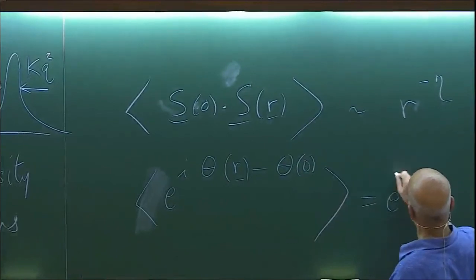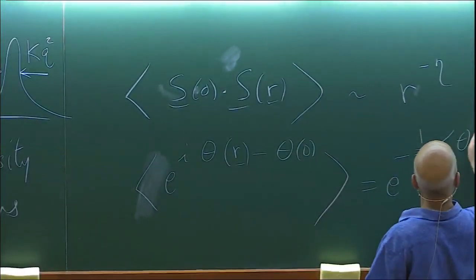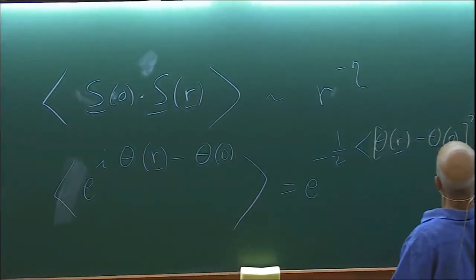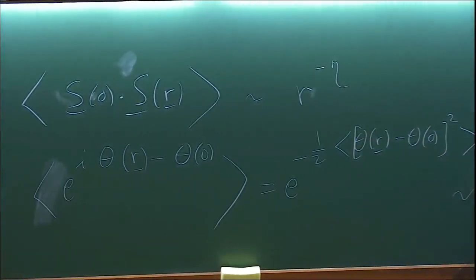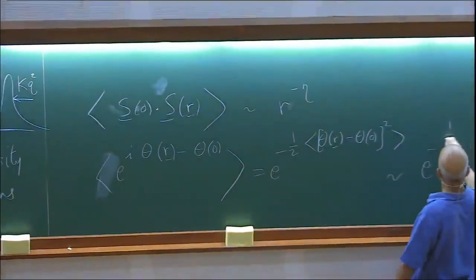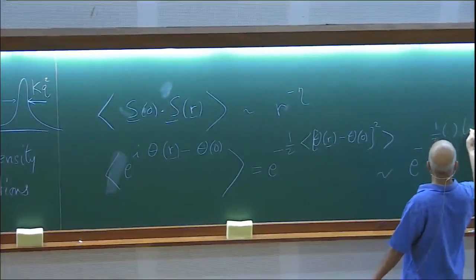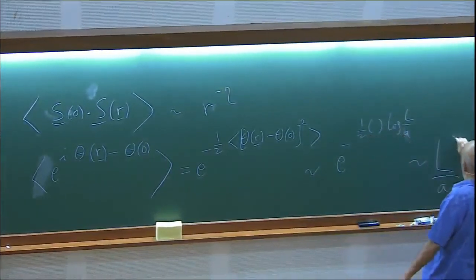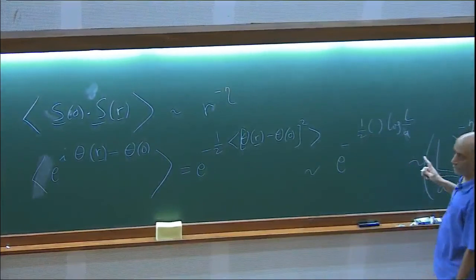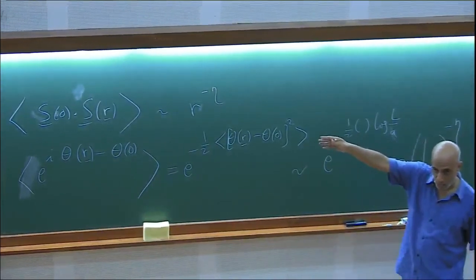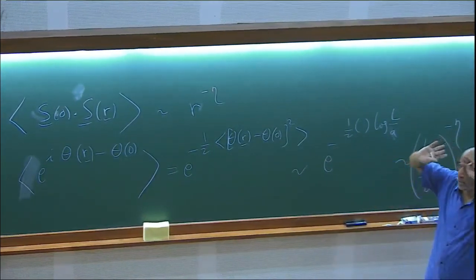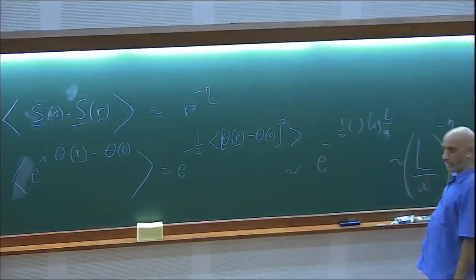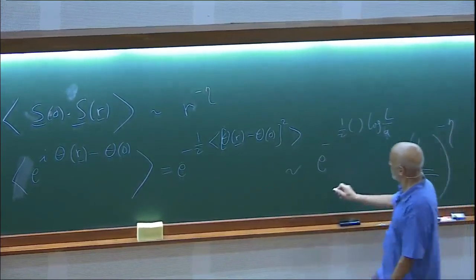And that, as John told you, is e to the minus a half, all those constants times log L over A, which goes as L over A to some negative power. That power is non-universal, it depends on all the constants here. And you can do this. Again, if John didn't assign it to you as an exercise, I'm assigning it. Do it. This is for the XY.